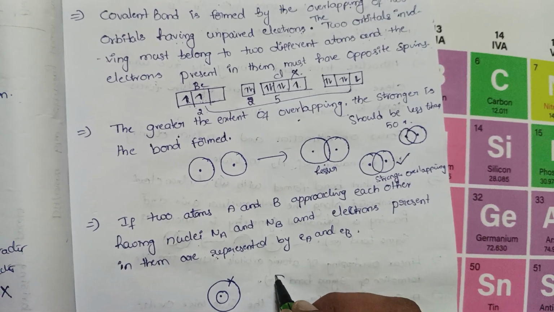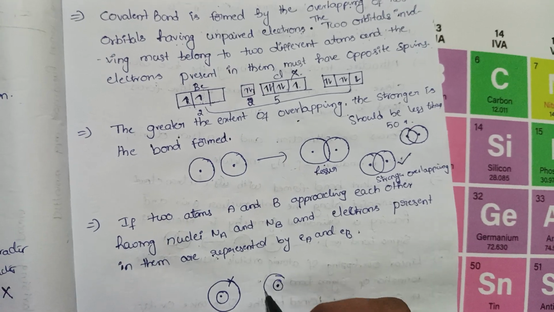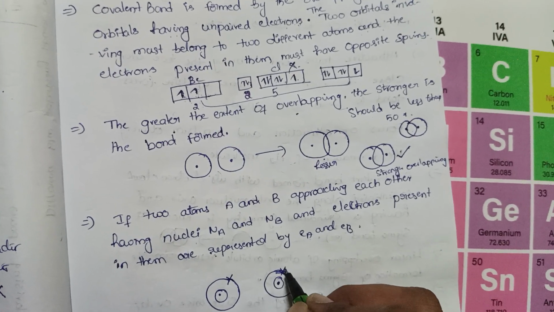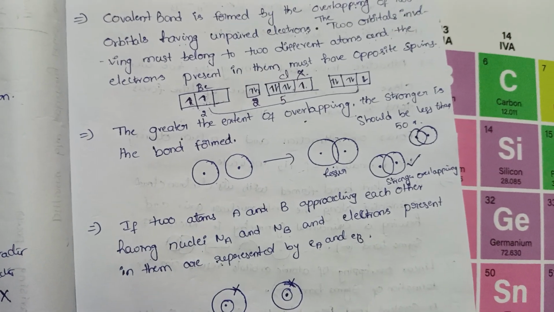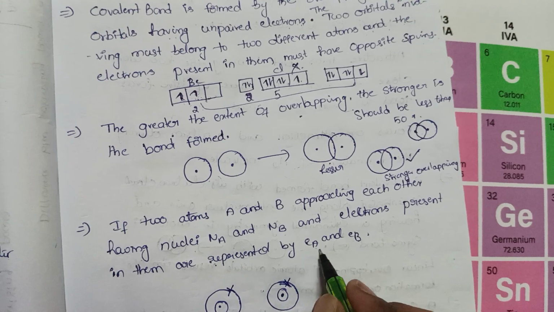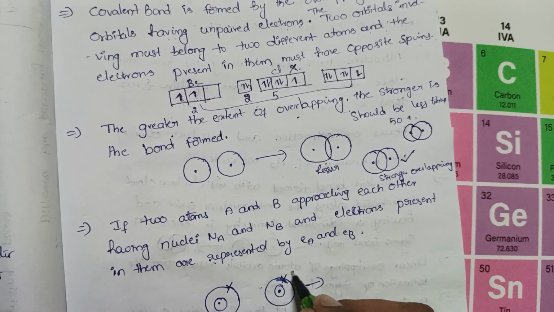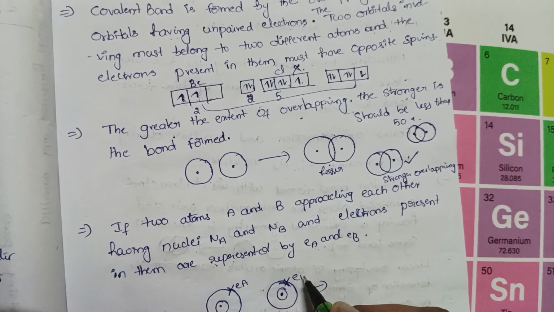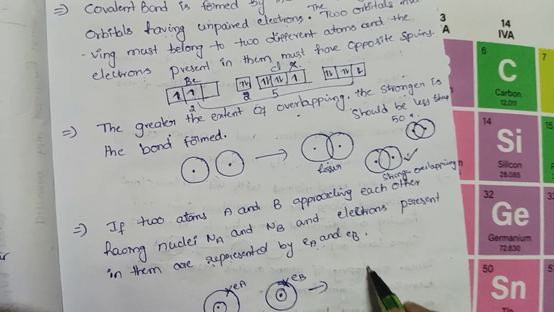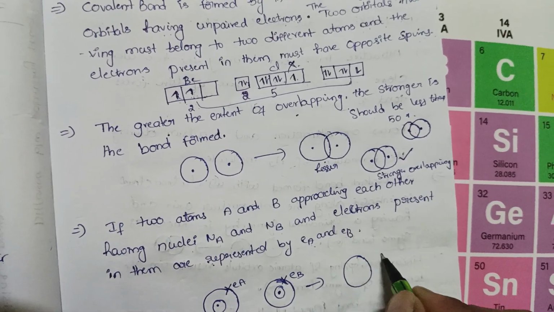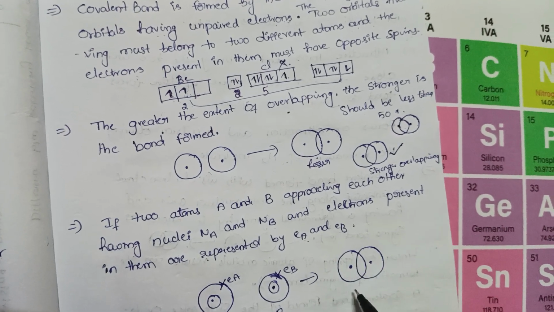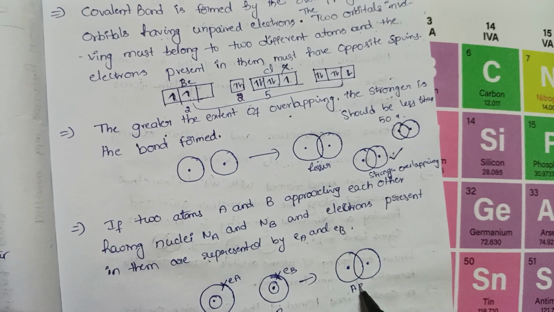If we take another hydrogen atom, it has one electron in the outermost orbital. It is represented as Ea and Eb. This is atom A, this is atom B. Both combining, it is the AB molecule.